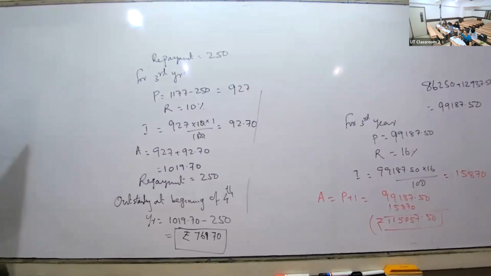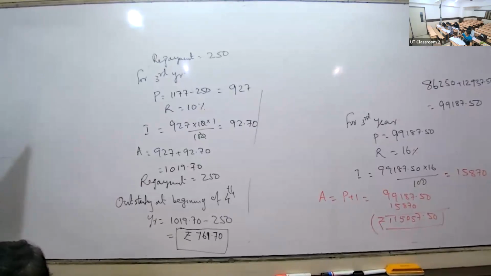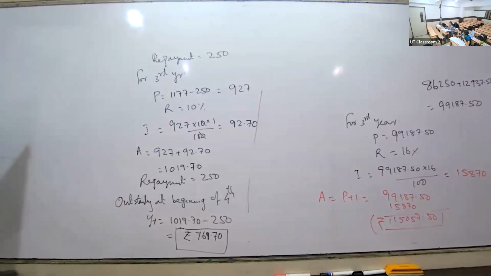Got 336. Therefore, amount is equal to 2,800 plus 336, which is 3,136. Understood or not?